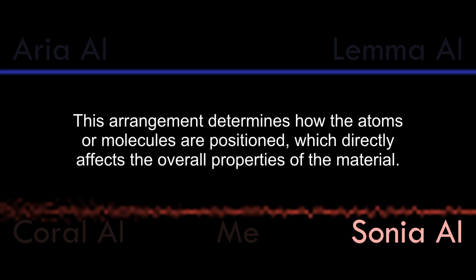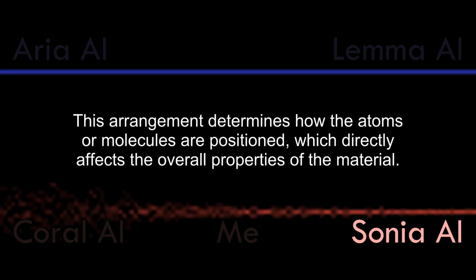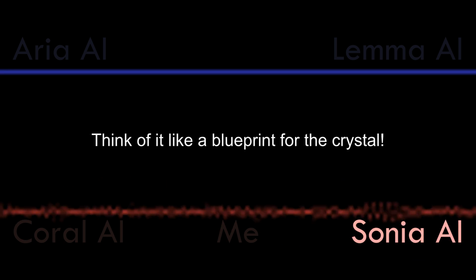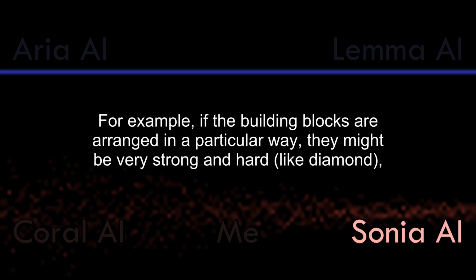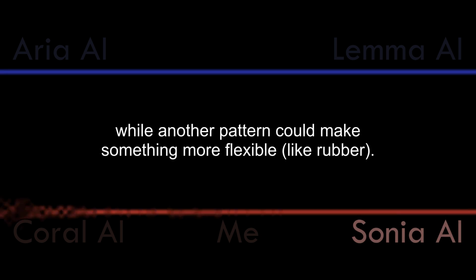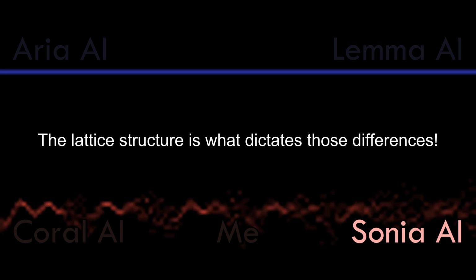This arrangement determines how the atoms or molecules are positioned, which directly affects the overall properties of the material. Think of it like a blueprint for the crystal. For example, if the building blocks are arranged in a particular way, they might be very strong and hard like diamond, while another pattern could make something more flexible like rubber. The lattice structure is what dictates those differences.